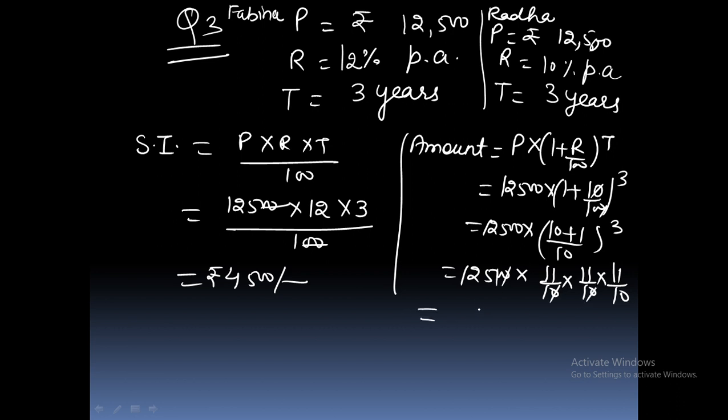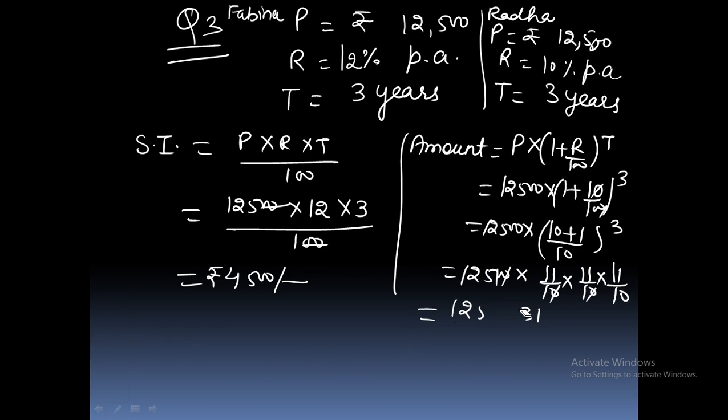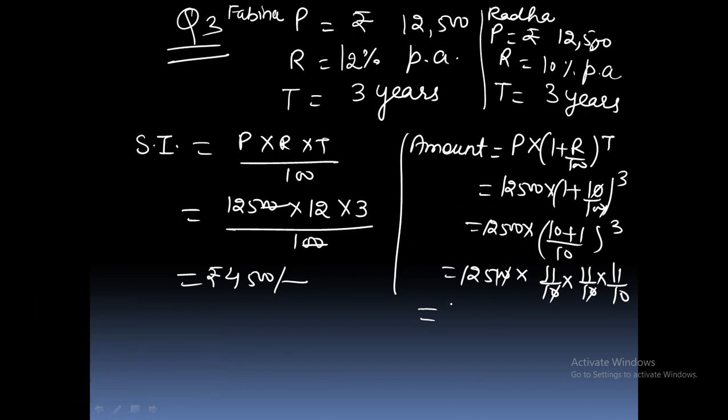Now you will get the amount, that will be, after solving it, 125 multiply 1331. 11 11s are 121, and 121 multiply by 11, that is 1331 over 10.